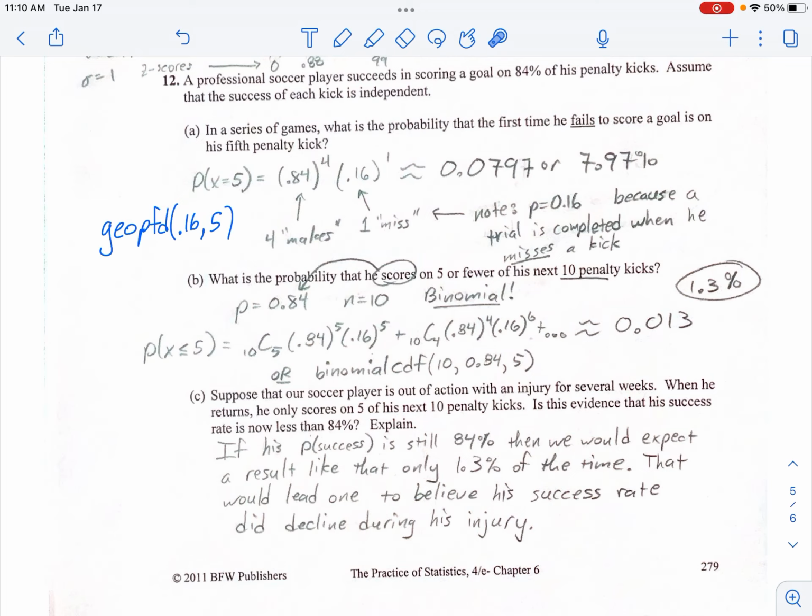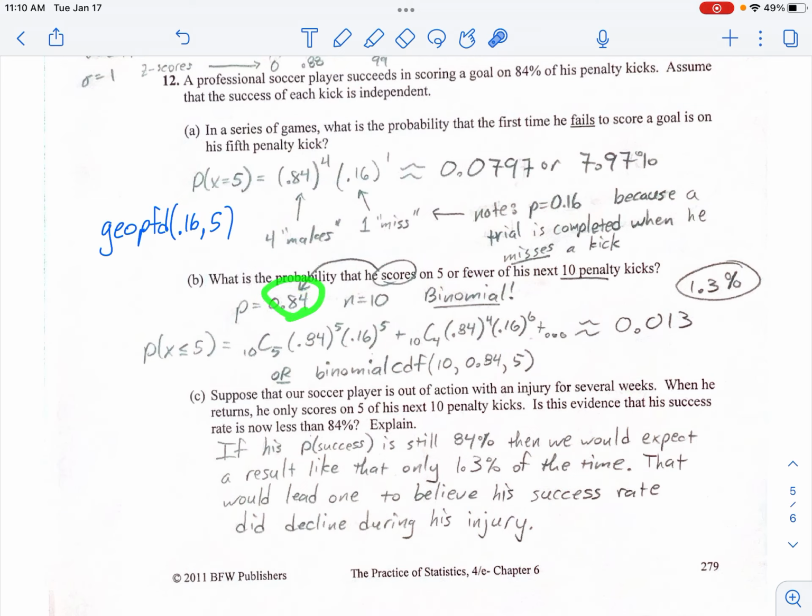Then it says the player was out of action with an injury for several weeks. When the player came back, he scored only 5 times. Is it evidence that his success rate is actually lower than 84%? So this is all founded upon the assumption that he is an 84% shooter.